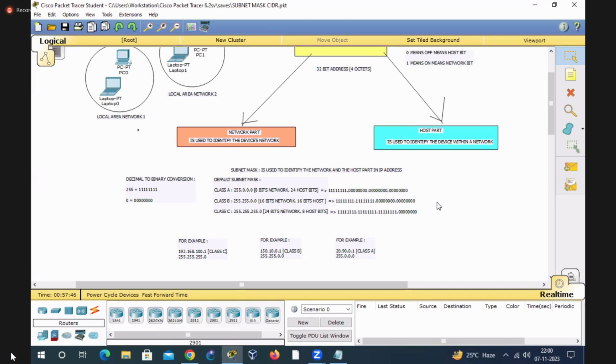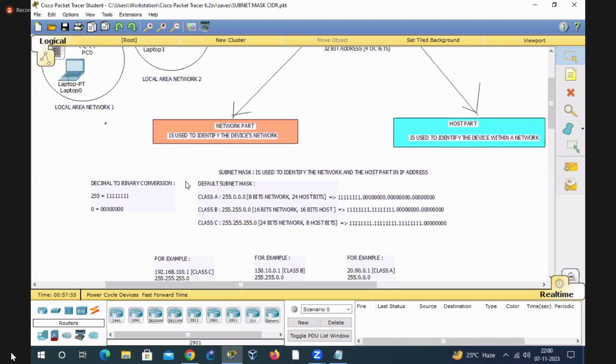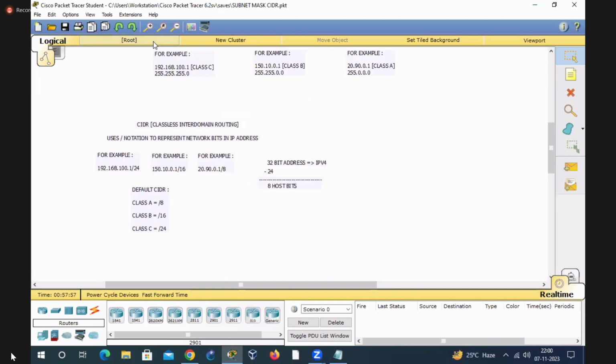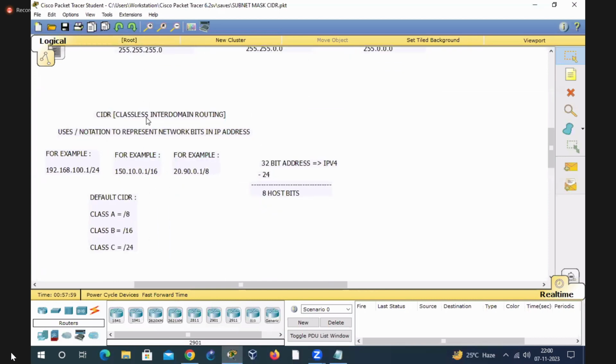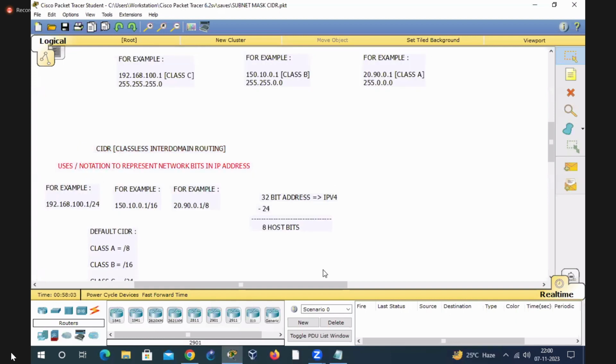So now we are moving on to the next concept, your advanced networking concept called CIDR. CIDR stands for Classless Inter-Domain Routing. Now what exactly does it do? It uses a notation called slash notation to represent the number of network bits in an IP address.